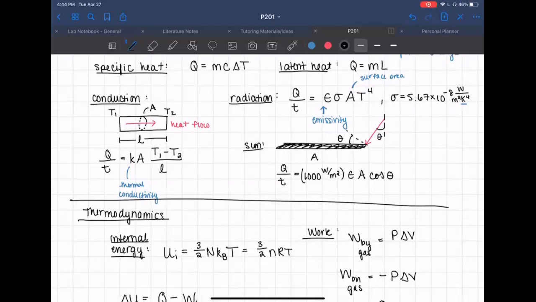I would leave it as it is. The picture they have in your book has the T1 side shaded yellow and the T2 side shaded blue, so that way you're supposed to get from the colors that one is colder than the other. You could just put an extra statement on there that T1 is greater than T2. I kind of demonstrated that by drawing the red arrow for what direction the heat is flowing.